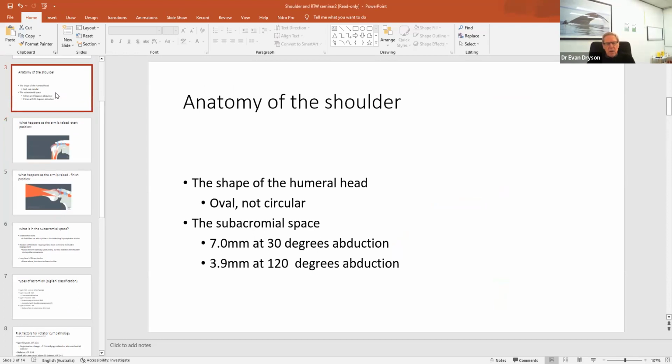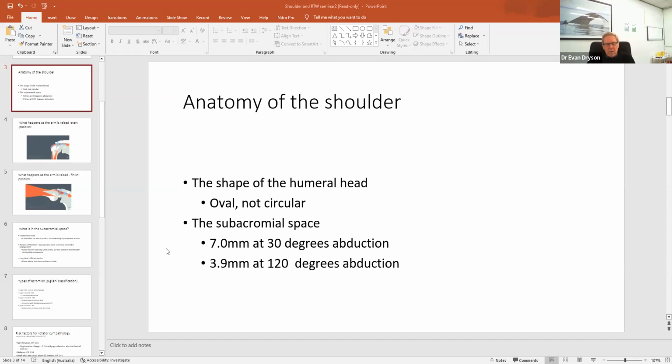Yes, so I did a little bit of research for this presentation, and I found this interesting study that looked at a group of subjects, and they found that the subacromial space, that's the distance between the acromion and the humerus, is 7 millimeters in the average person when the arm is pretty much down by the side, so say 30 degrees of abduction.